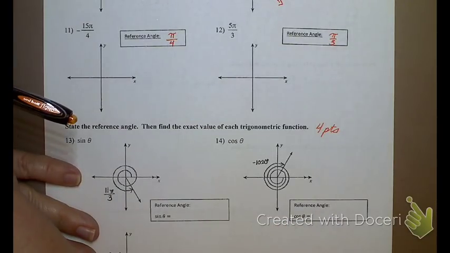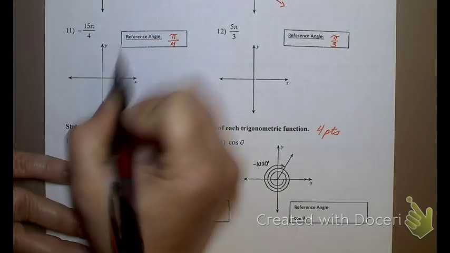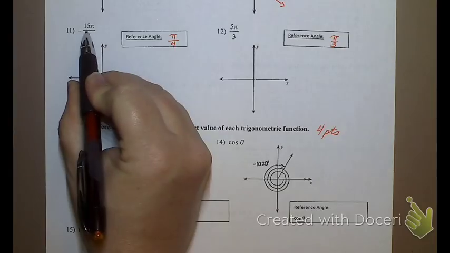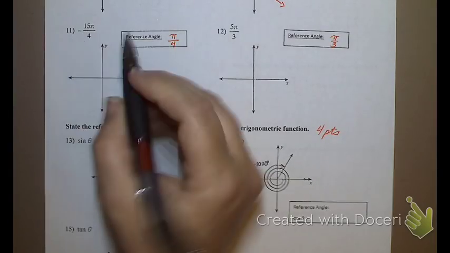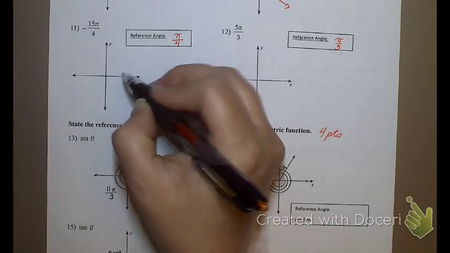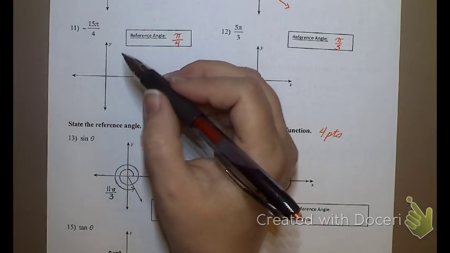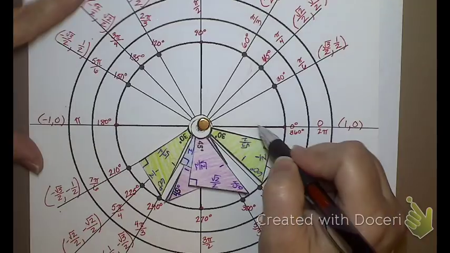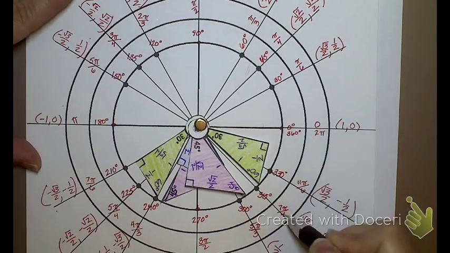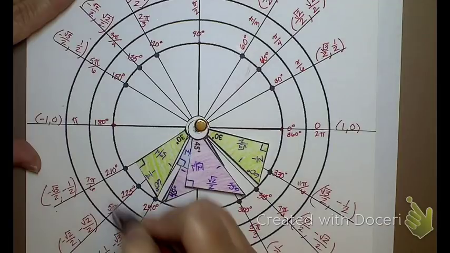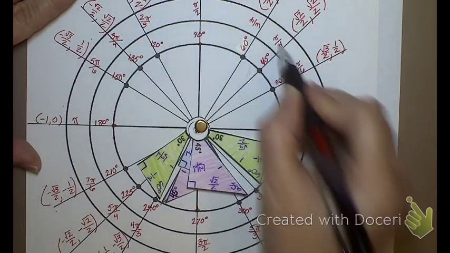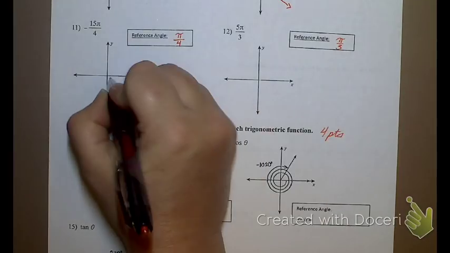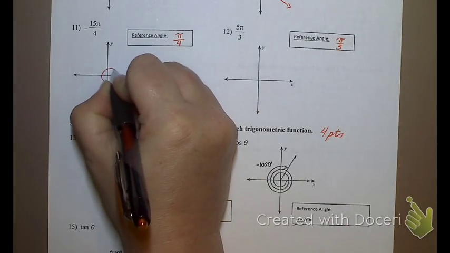Now, in my head, I know that 45 degrees is pi over 4. So I need to go 45 degrees 15 times in the negative direction. Does that make sense? I can look here on my graph if I want to. If I start here, that would be 1, 2, 3, 4, 5, 6, 7, 8. It's more than one full revolution, so I'm going to draw that in the negative direction.